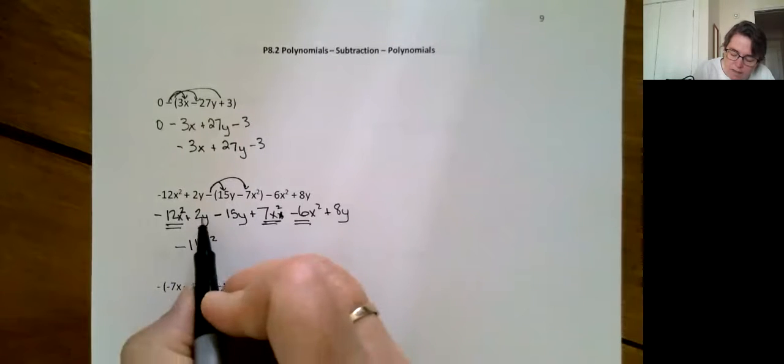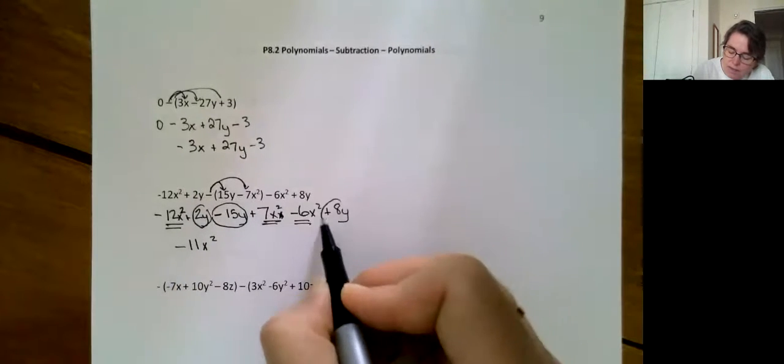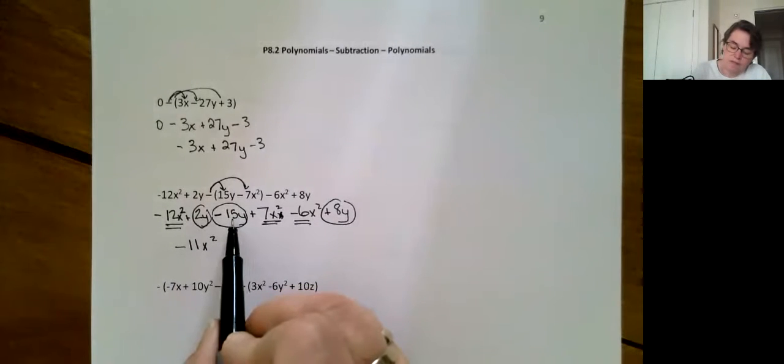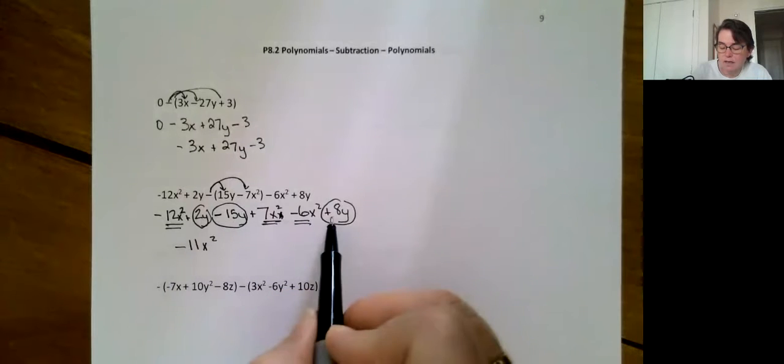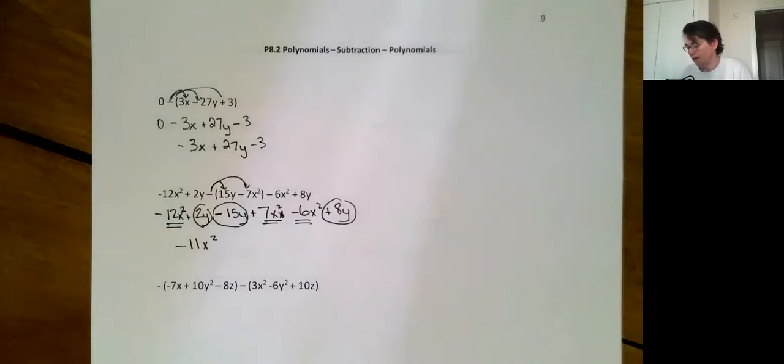Now with my y's, I've got 2y minus 15y plus 8y. So 2y minus 15 is going to give me minus 13 plus 8 should be 5. Oh my brain just disappeared on me. Hold on.